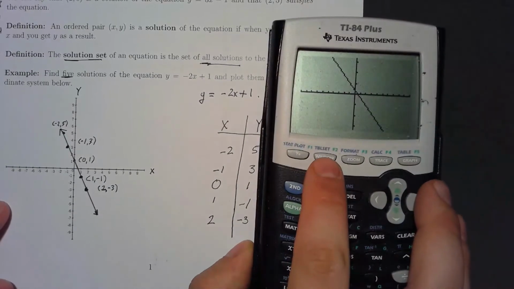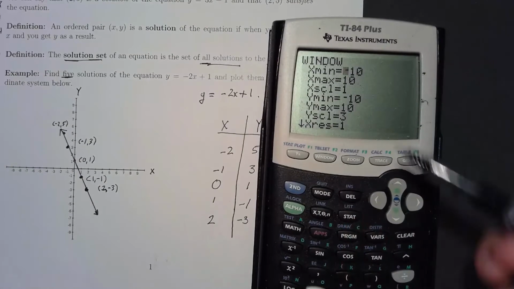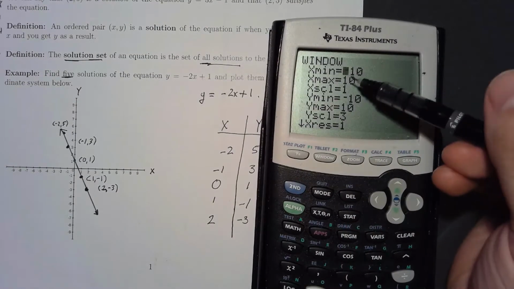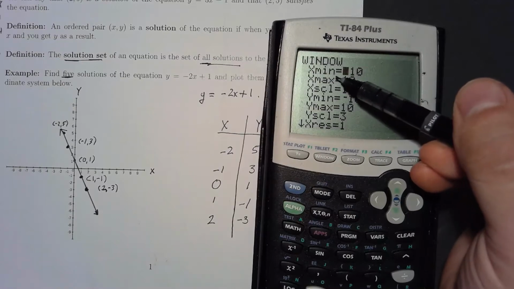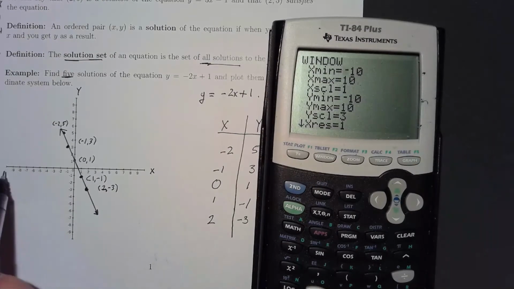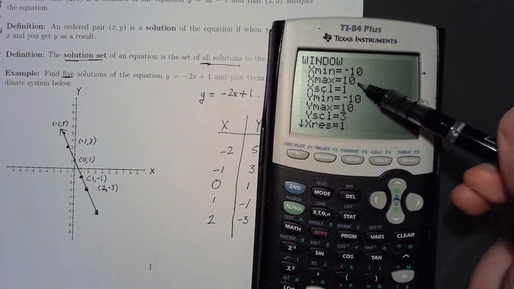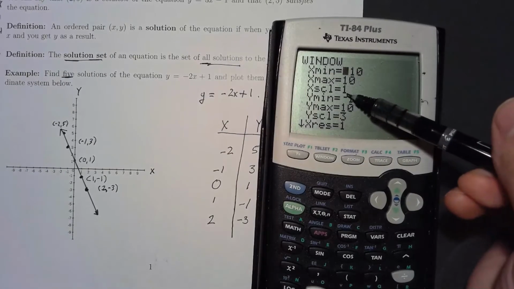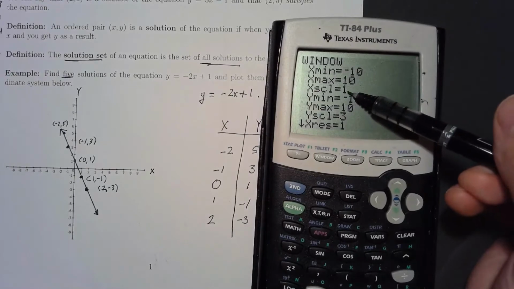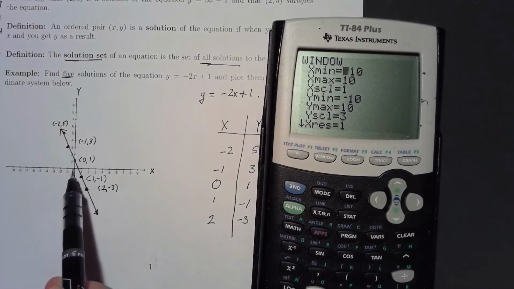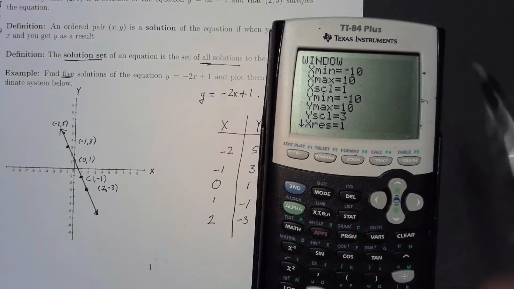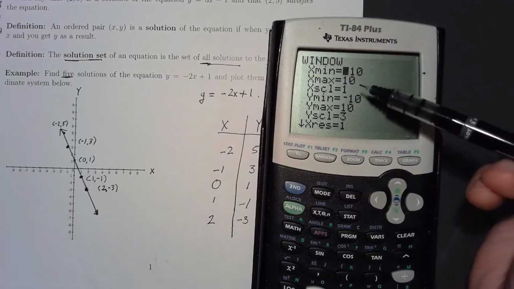If I go to the window button here, that's what I have in the window button. The minimum value for x, that's the x min, is negative 10, right here. The maximum value for x is 10, that's right here. And the scale is by units of 1, which you can see, I go from 0 to 1 to 2, those are increments of 1. So the x-axis is set up the way I have it here in my calculator.